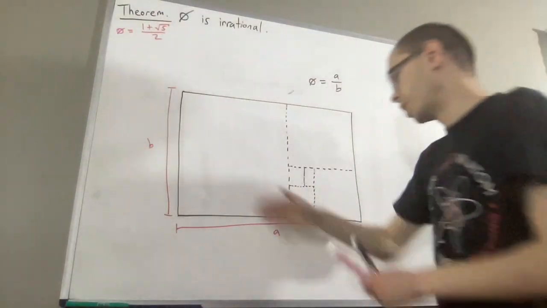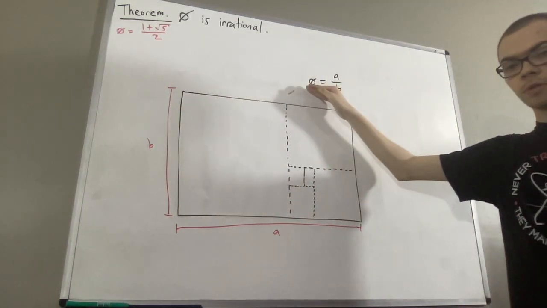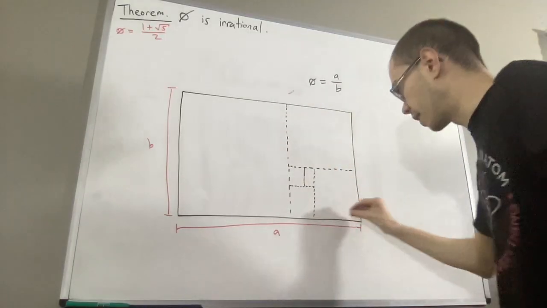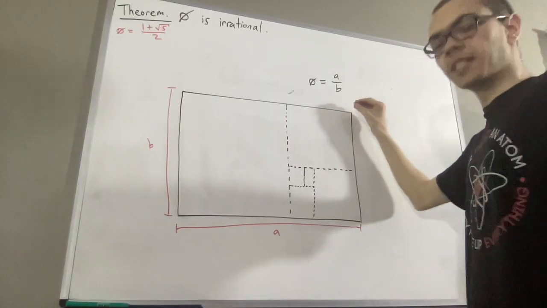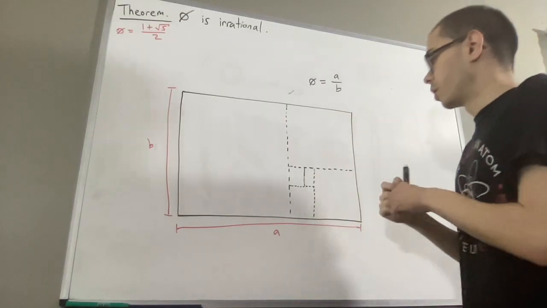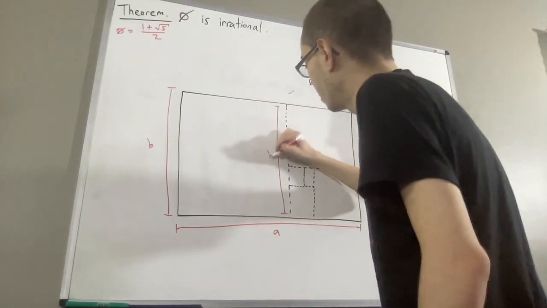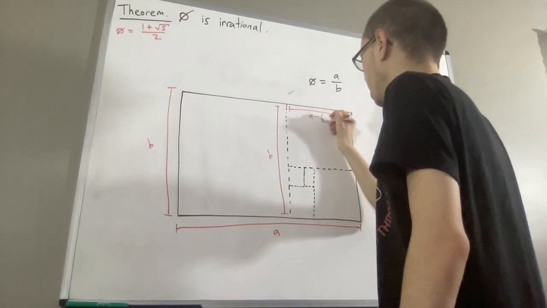Well then, the ratio of the longer side length to the shorter side length is equal to the golden ratio. So then, by our construction, if we consider this rectangle, we know that the ratio of the longer side length to the shorter side length is equal to the golden ratio, right? And this side length, by the way, is b. This side length is a minus b.